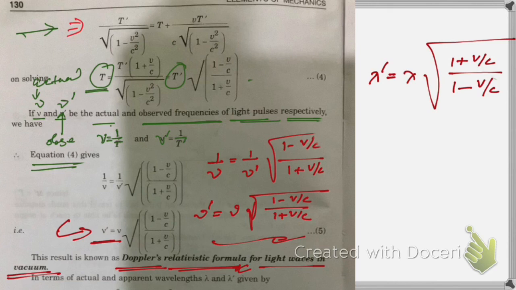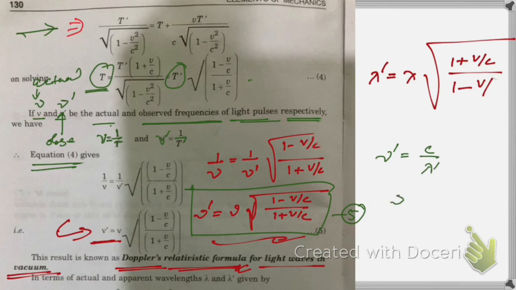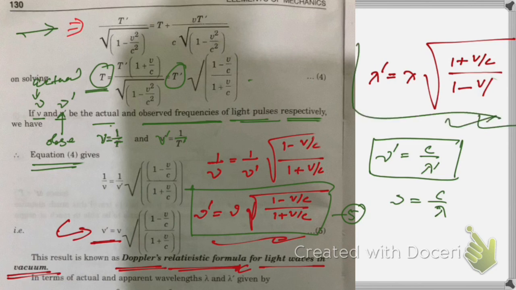If you consider equation number 5 and replace nu by c by lambda, and nu dash by c by lambda dash, then from equation number 5 you will get this relation. So this is in terms of wavelength. Hope you have understood.